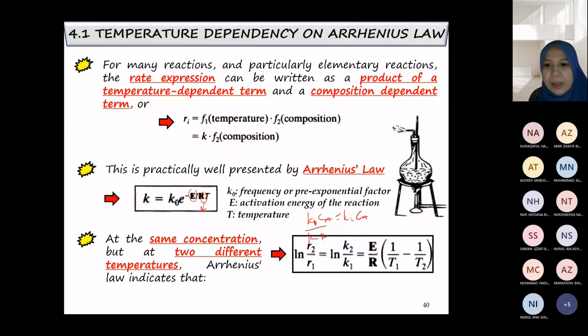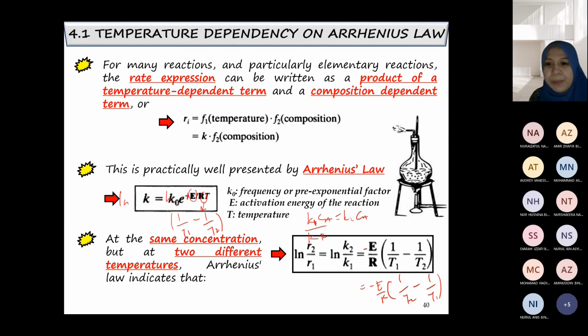Why is it usually like this? If you expand this equation to get rid of the exponential, you have to take ln on both sides. But since you get rid of the E, that's why you have 1 over T1 minus 1 over T2. If you remain with the negative, you have to invert it, which is 1 over T2 over 1 over T1.